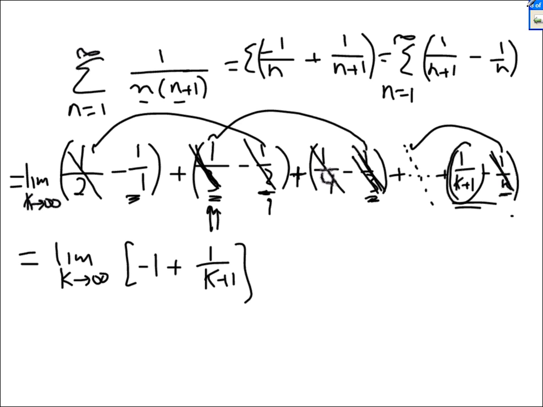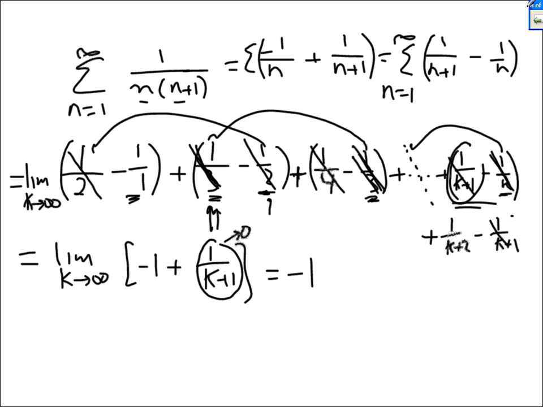For example, the next term would have been 1 over k plus 2 minus 1 over k plus 1. And now the 1 over k plus 1 cancels. Okay, but if we keep pushing this out to infinity, it doesn't matter. This goes to 0. The sum is negative 1. Partial sums did this.